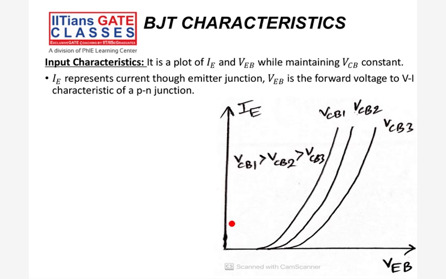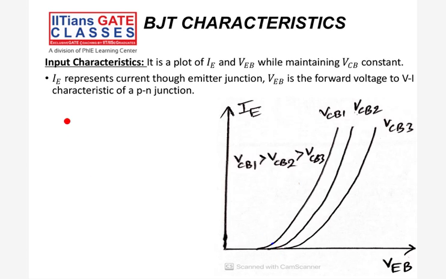It is forward biased, but it is not in conduction mode. So it is negligible. But when we increase this VEB and it crosses a cut-in voltage, that is the minimum voltage required to switch on, like for a diode, then IE increases.